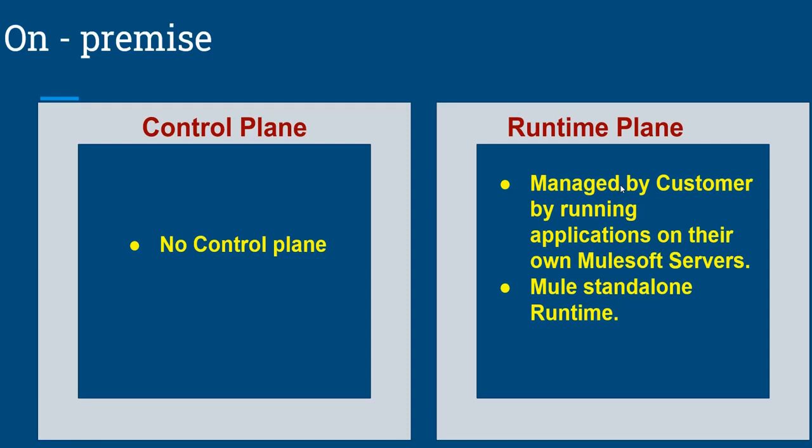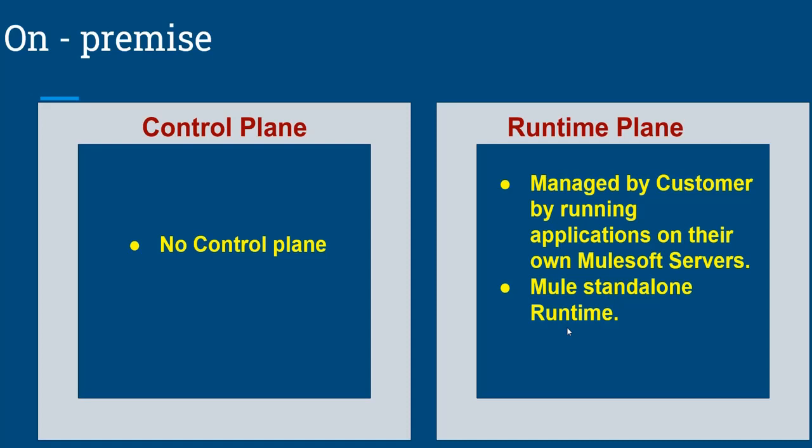The control plane and runtime plane are managed by the customer itself, which means your organization. So you can use the Mule standalone server. It is a separate topic, and MuleSoft provides a standalone server for you. If you want to use all the Mule features, you can install that server in your organization servers and utilize the MuleSoft features of the runtime plane.